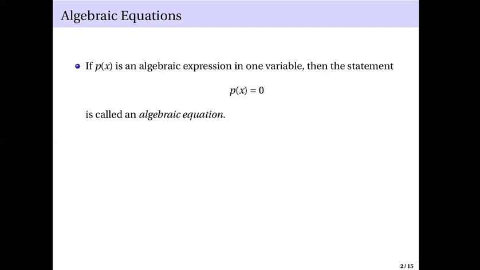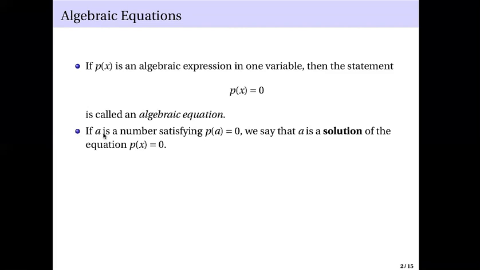Those are the only objects that you will see for an algebraic expression. Whereas you have an algebraic equation if you have an algebraic expression, an equal sign, and another algebraic expression on the other side of the equal sign.